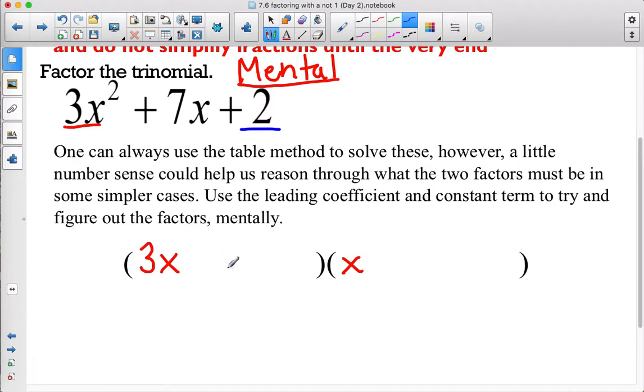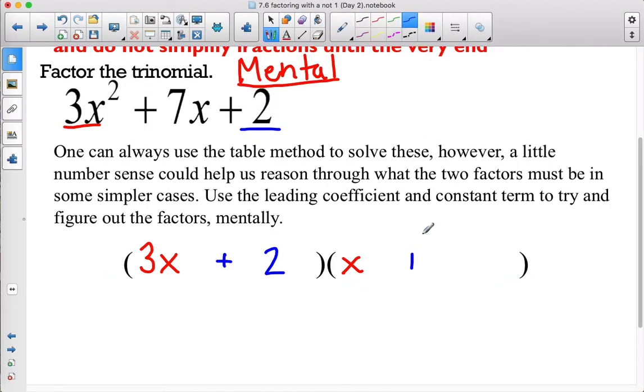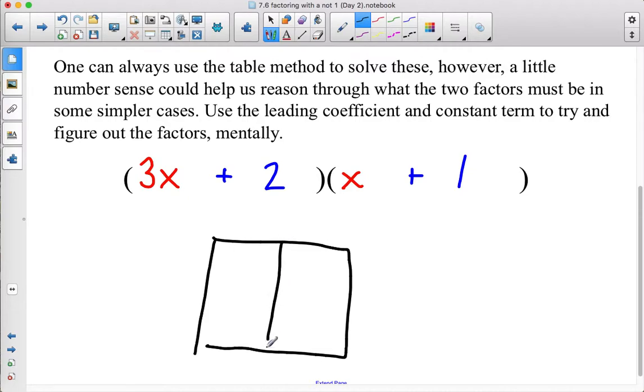So what I'm going to do is show you the incorrect choice first, and then show you what the correct choice would have looked like. So let's say I thought, oh, maybe the plus 2 goes here, and the plus 1 goes over here. If I guessed that, I'm going to use a table just to check my work here. You could also FOIL, double distribution.